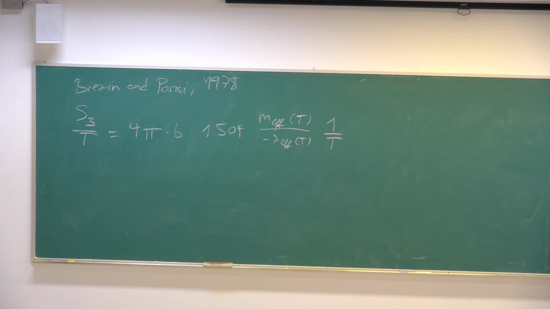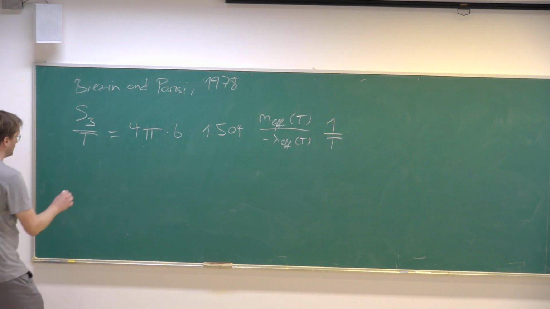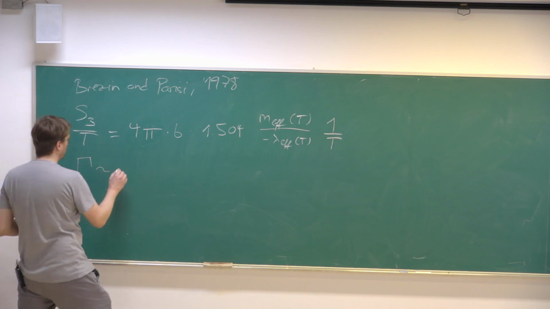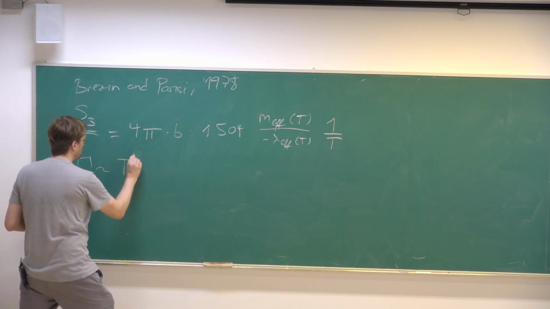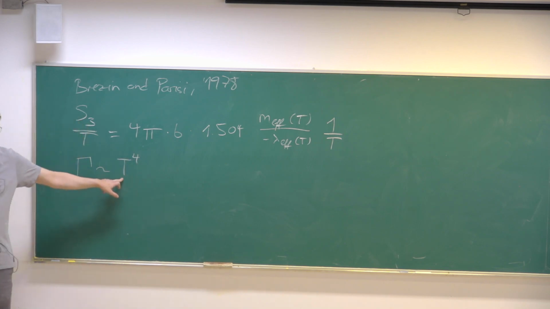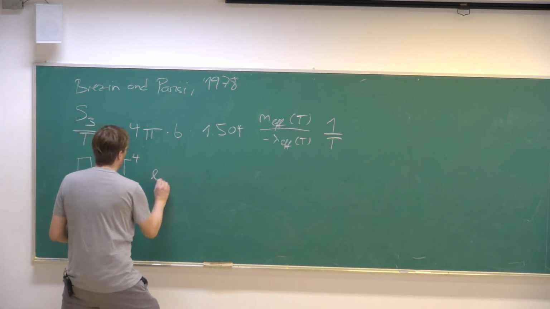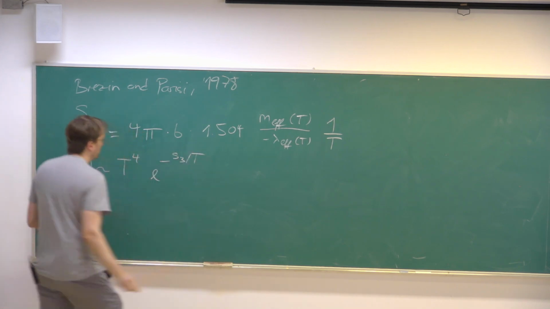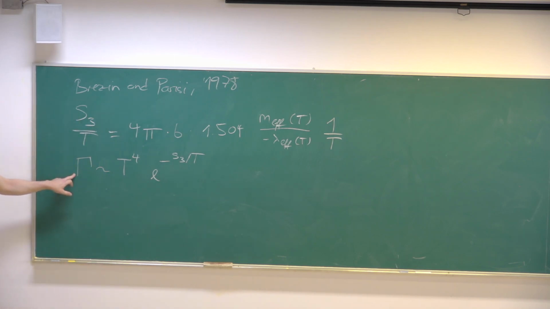And so now we know the bounce action. And remember, the tunneling rate for those three symmetric bubbles was given by, we essentially said we would estimate this prefactor as T to the 4, and then it's e to the minus S3 over T, right? That's the tunneling rate.